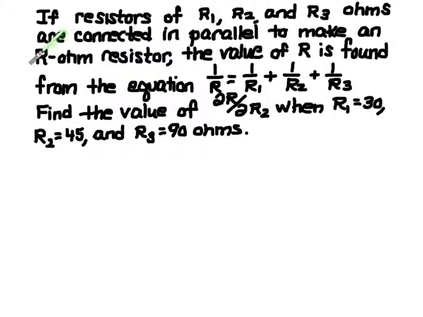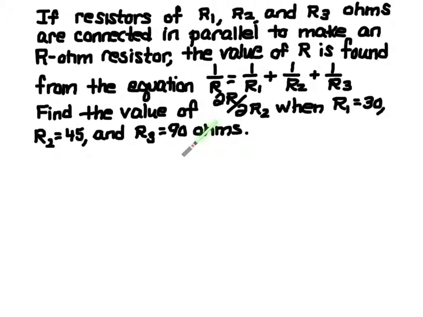In our next example, we're working with resistors. If resistors of R1, R2, and R3 measured in ohms are connected in parallel to make an R ohm resistor, the value of R can be found from the equation 1 over R is equal to 1 over R1 plus 1 over R2 plus 1 over R3.